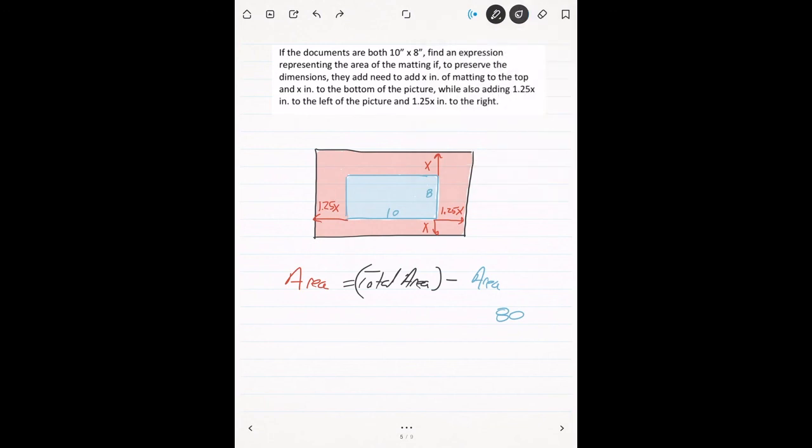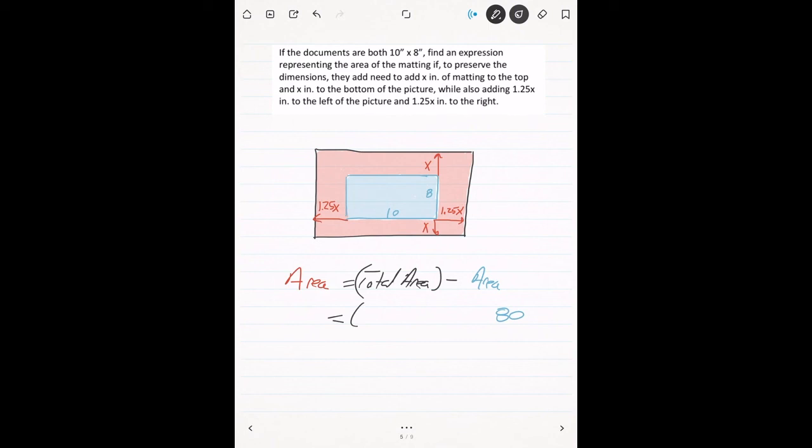Well, use a similar idea that we did before. We started with 10 inches, but we've added on to that 1.25x and 1.25x. Similarly, with the height of this rectangle, we started with 8, but then we added an x dimension here and an x dimension here. So let's see.